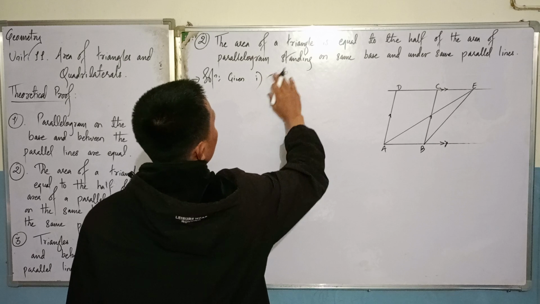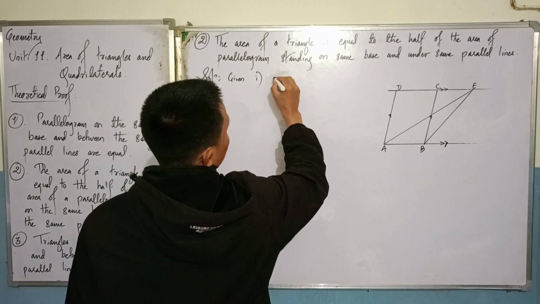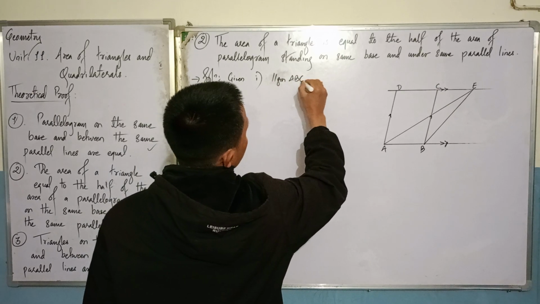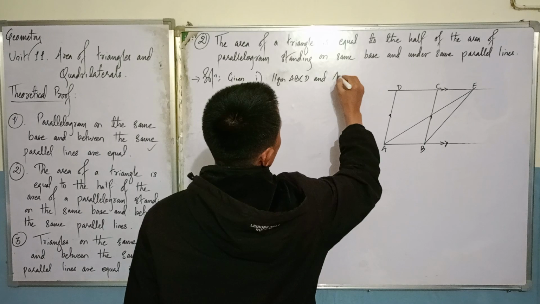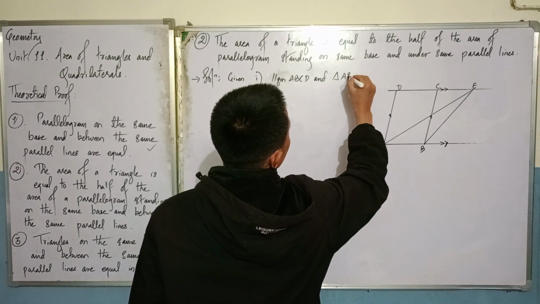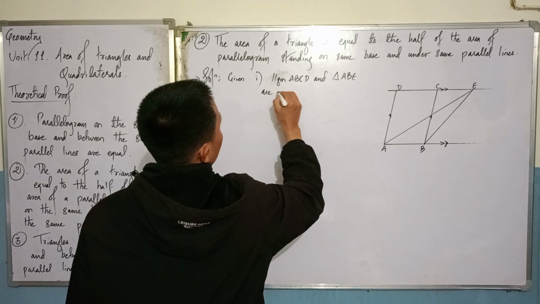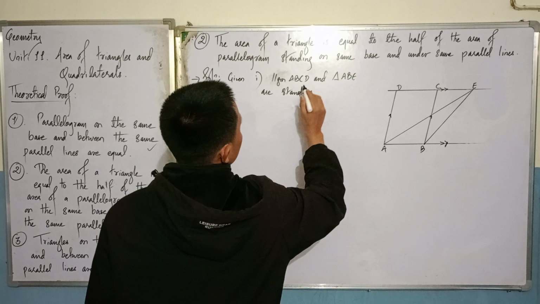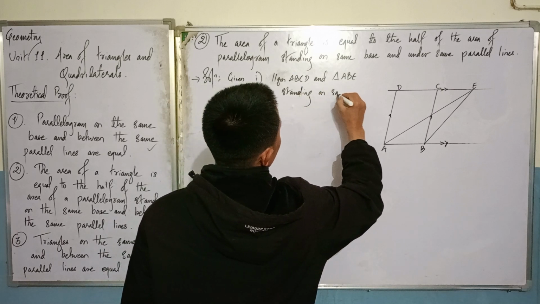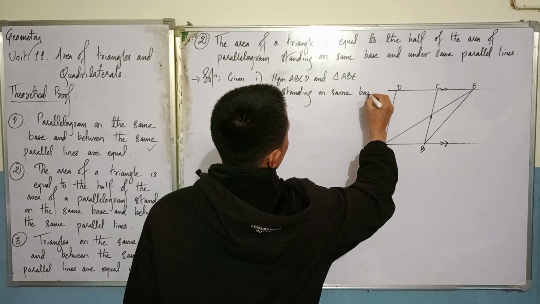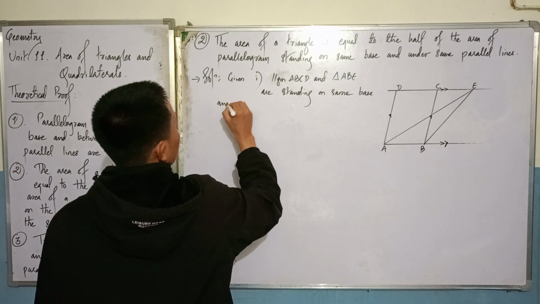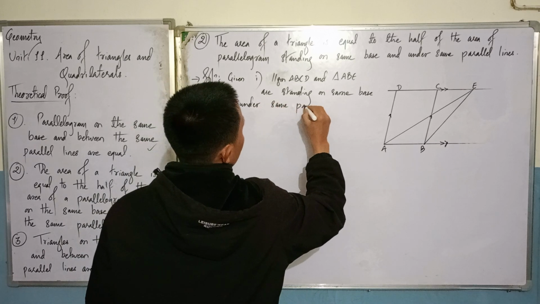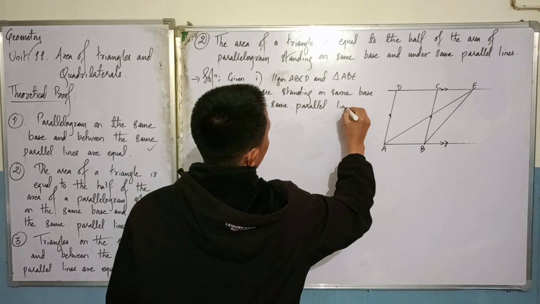DE parallel to AB, or you can directly write parallelogram ABCD and triangle ABE are standing on the same base and under the same parallel lines.